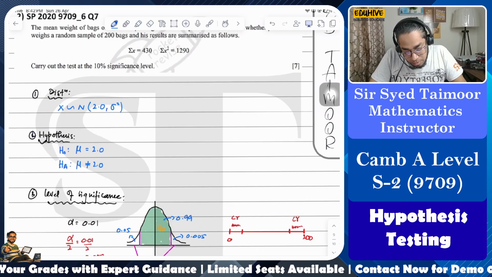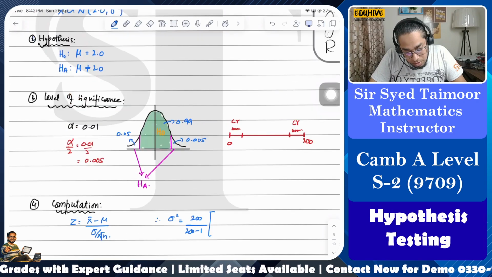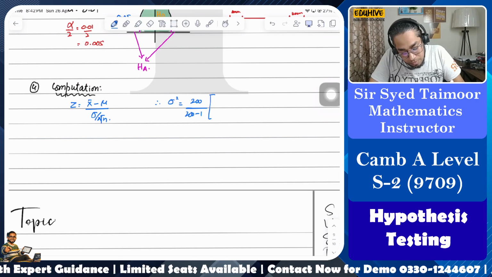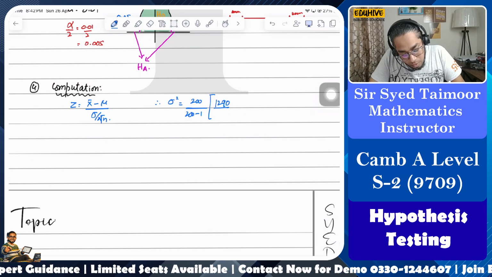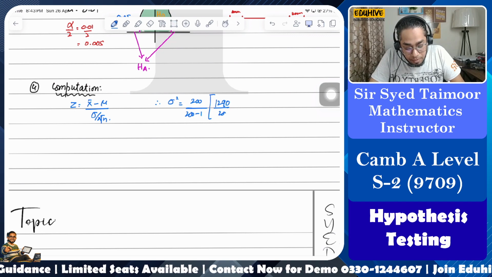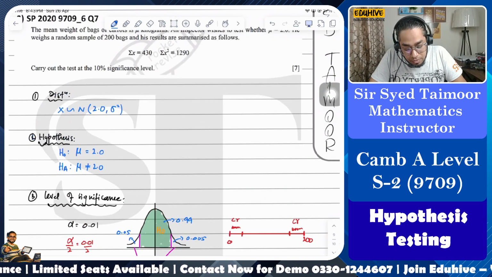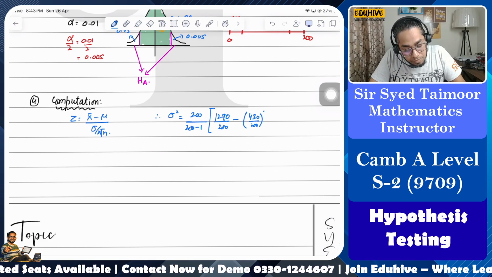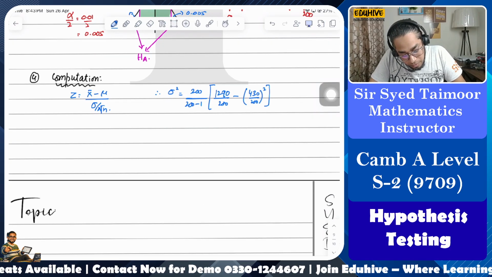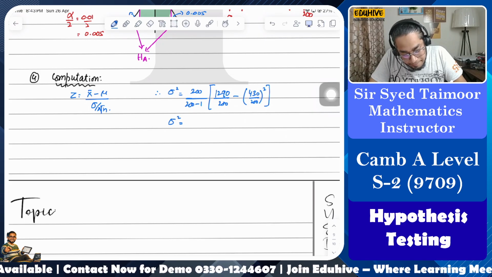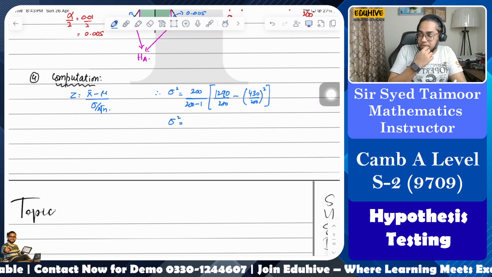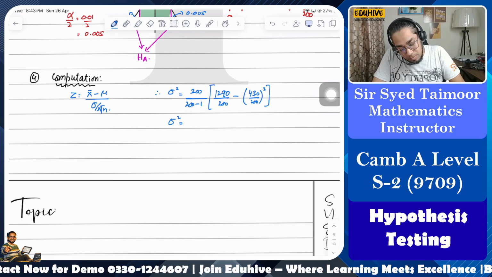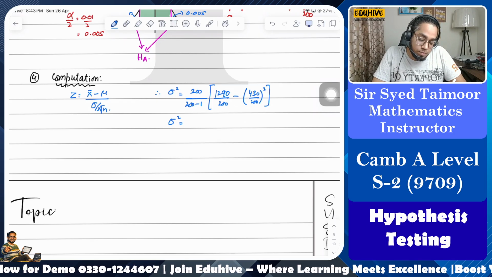And what was sigma x squared? Summation x squared is 41290 over n. N was 200, and minus, sigma x was 430. Can you solve it for me? Yes, beta.